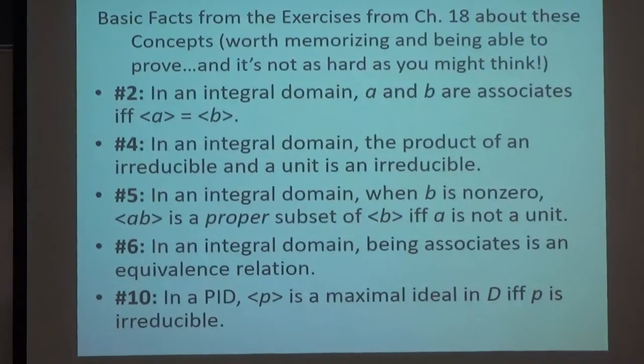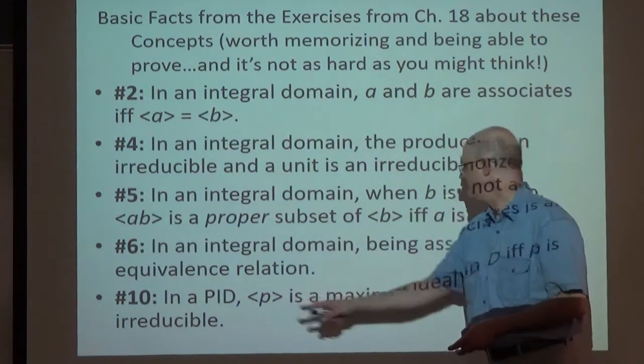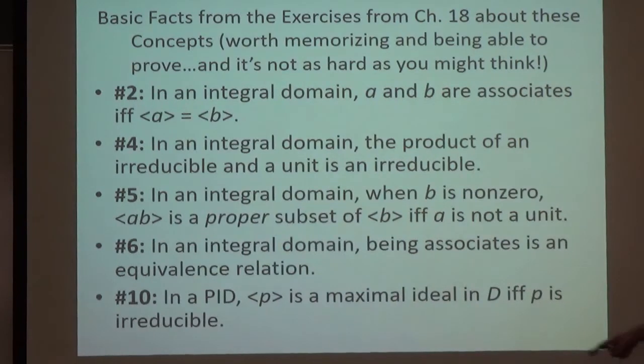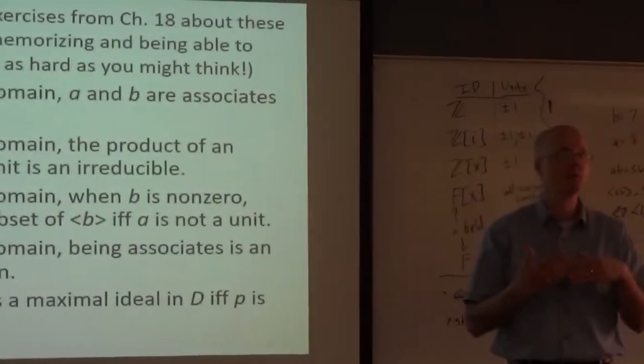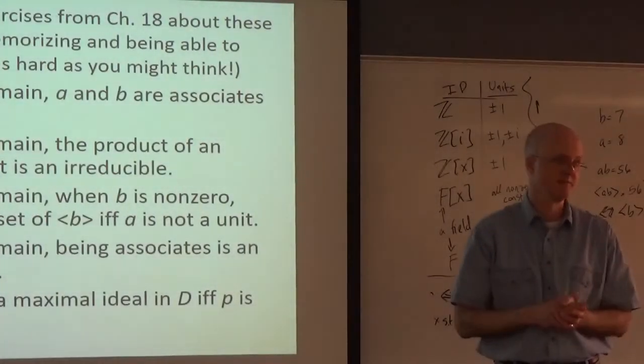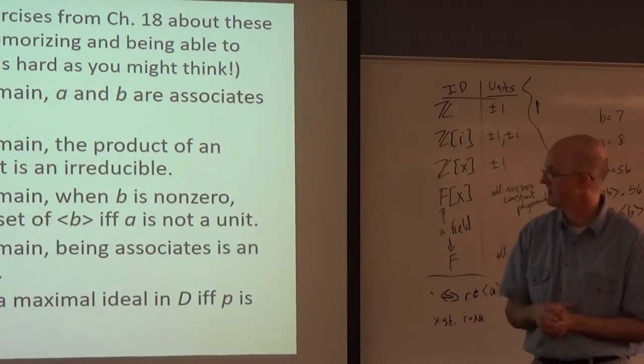In a principal ideal domain, the principal ideal generated by an element P is maximal if and only if P is irreducible. So again, there's sort of this distinction between prime and irreducible elements, and also a distinction between prime and maximal ideals, I should say.